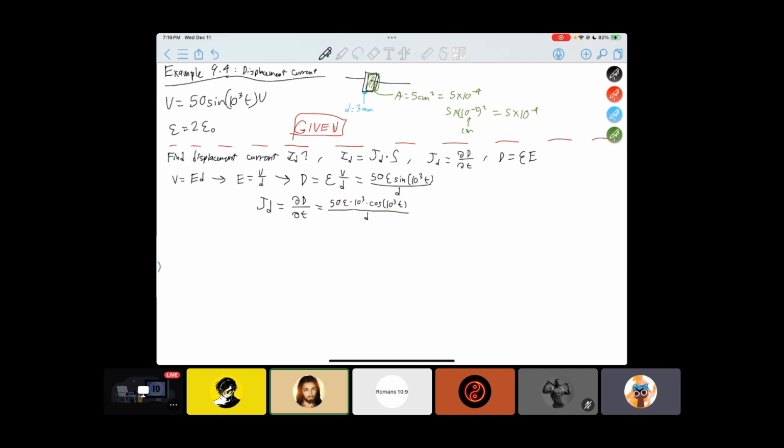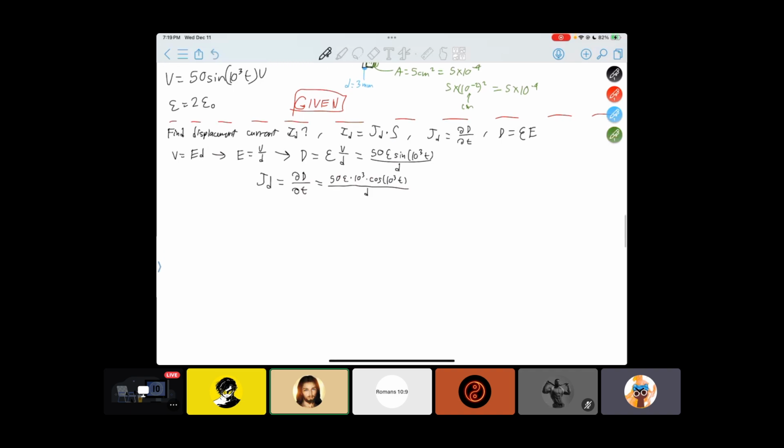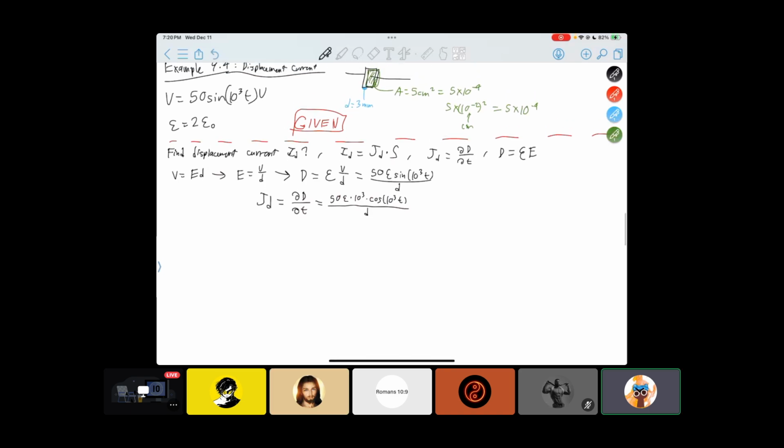I think that's reasonable. Now we also have to multiply this by the area, because JD times the surface area S. Yeah, S is surface area, my bad.